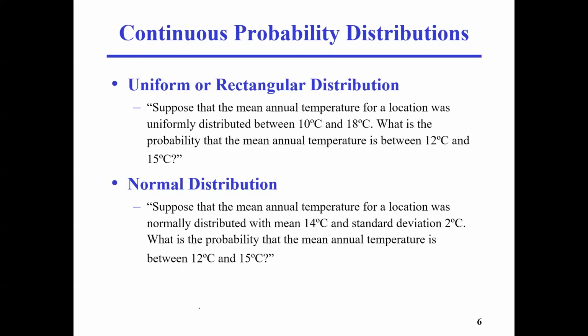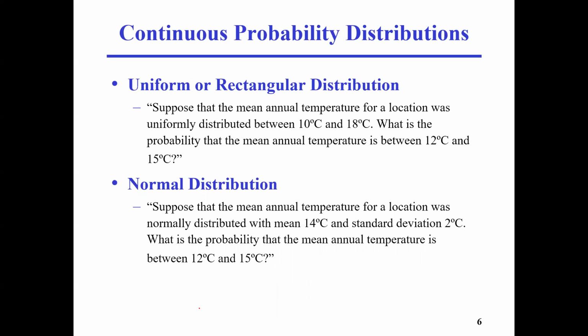So for the first one, uniform or rectangular distribution, an example would be like this. Suppose that the mean annual temperature for a location was uniformly distributed between 10 Celsius degrees and 18 Celsius degrees. What is the probability that the mean annual temperature is between 12 Celsius degrees and 15 Celsius degrees?